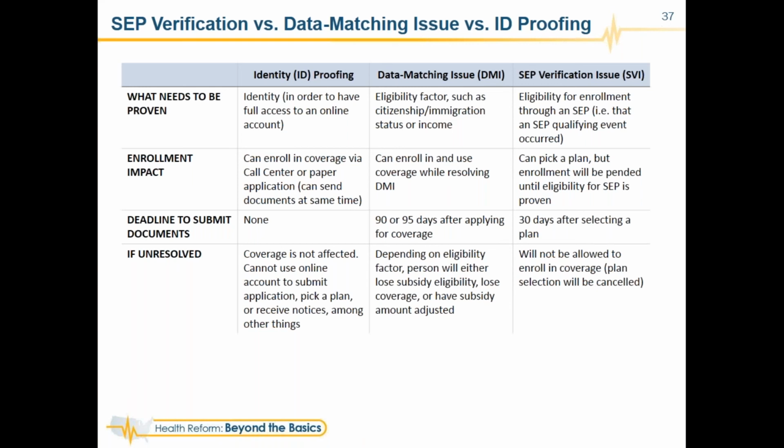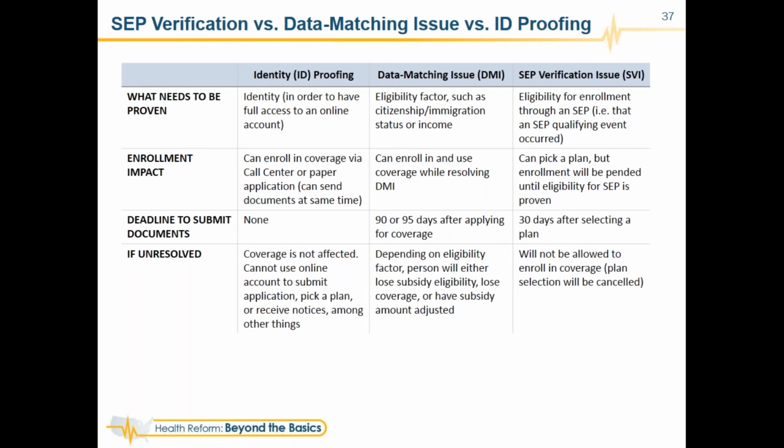The person is given either 90 or 95 days, depending on what kind of data matching issue has occurred, to send in documents, and can move forward with selecting a plan and enroll in a plan with subsidies if applicable, while the eligibility factor is verified.